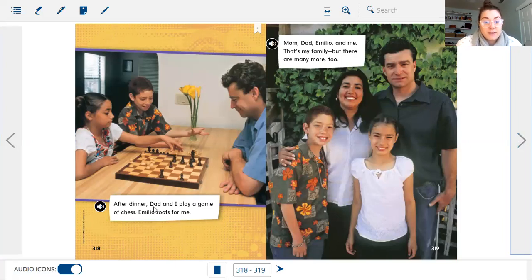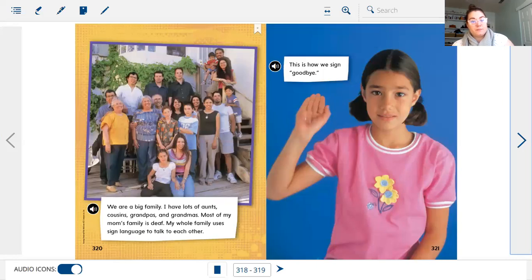After dinner, Dad and I play a game of chess. Emilio roots for me. Mom, Dad, Emilio, and me. That's my family, but there are more too. All right, flipping the page.